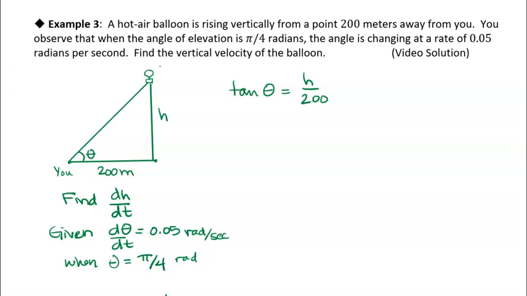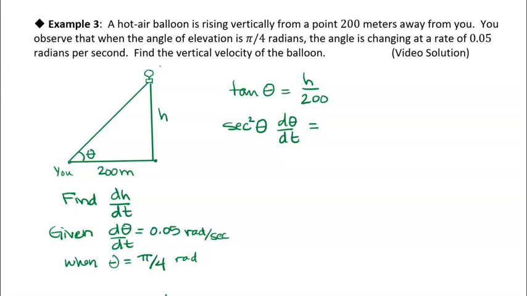All right. So we have this relationship, and let's go ahead and differentiate both sides here, because we know that the derivative of tangent is secant squared, right? Secant squared of theta, but keep in mind theta is a function of time, so theta is the inside function, and we have to use the chain rule. So we're going to multiply this by d theta/dt.